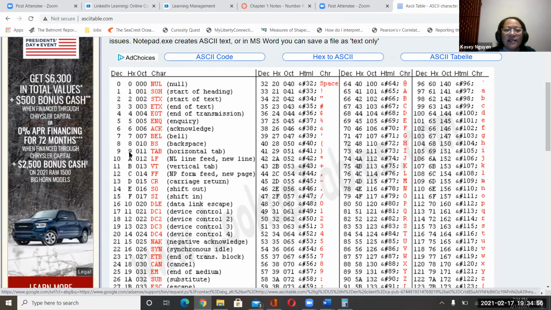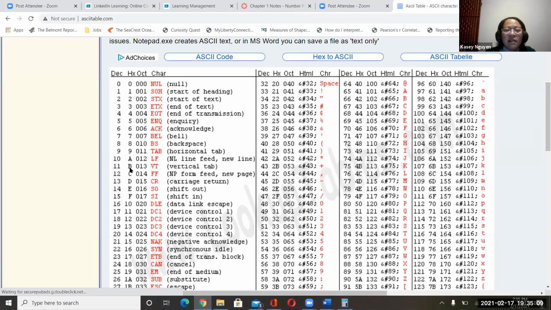For the hex, 0 through 9 is the same as decimal 0 through 9. But when we have a decimal 10, that's going to be an A in the hexadecimal system. And 11 is B, 12 is C, 13 is D, 14 is E, 15 is F. And then at 16, it changes.